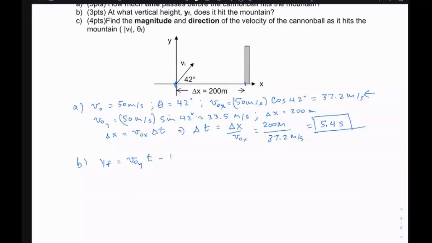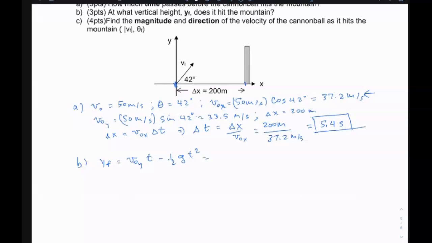So that's minus 1/2 g, where g is a positive number, times the time interval squared, where I'm assuming that the time interval delta t is equal to t final minus t initial, and t initial is 0, and I'm just calling t final t.